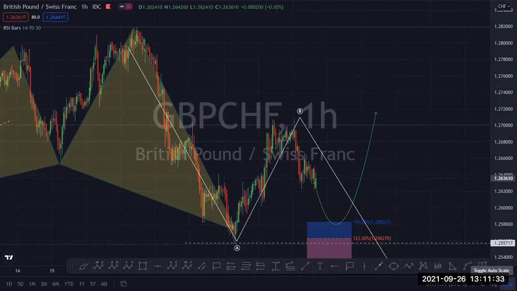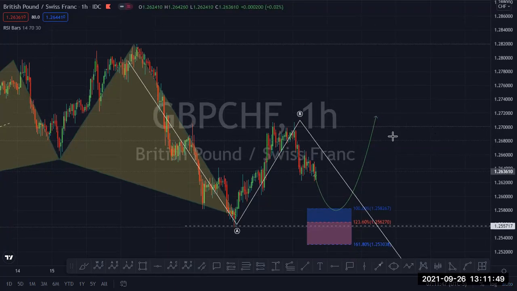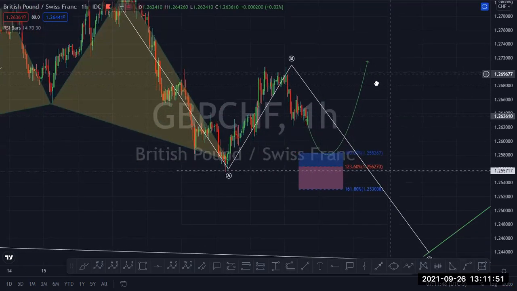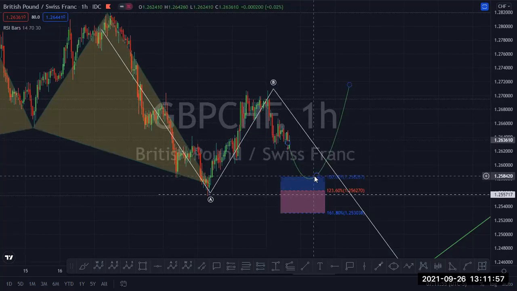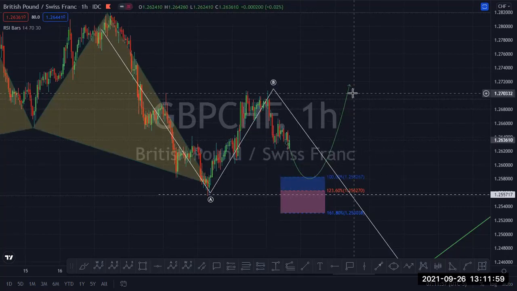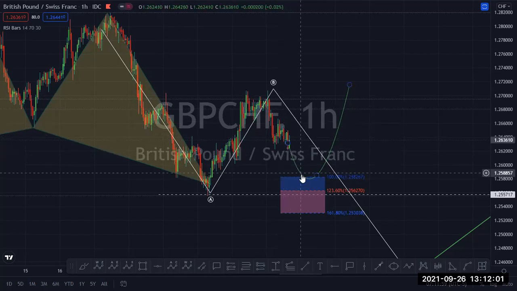Okay. On 1 hour, we can see the composition of wave A. Wave B might have been over as well. So wave C is now dropping. And being a big move, it may not just drop straight. It may do something like this again. But this is the first where it will happen.